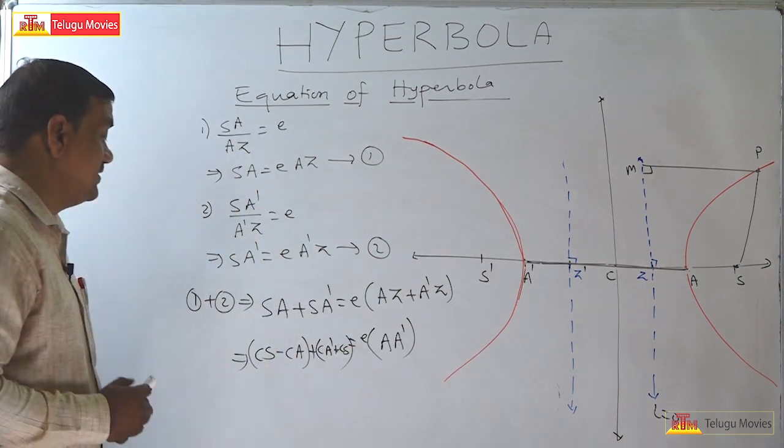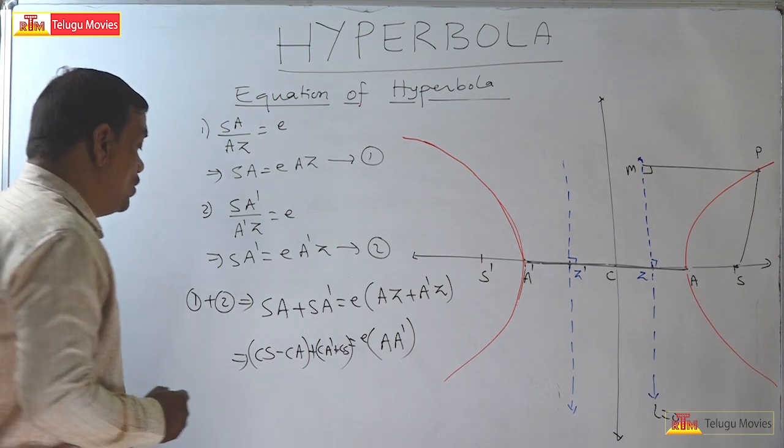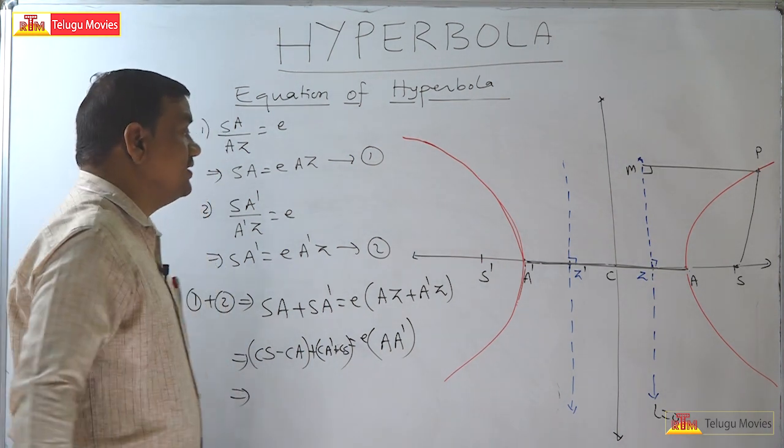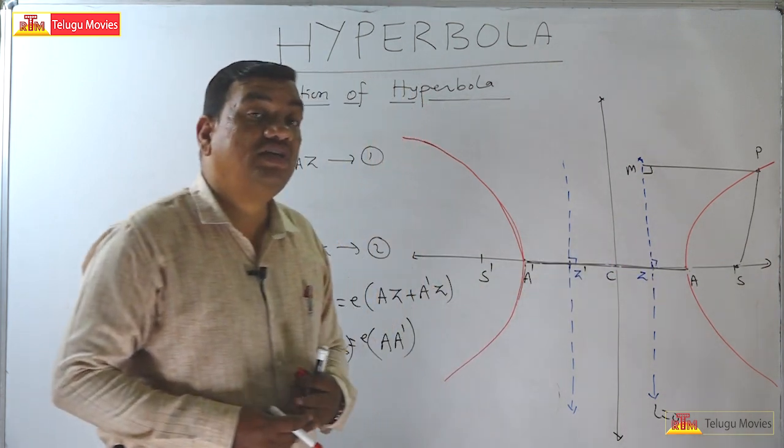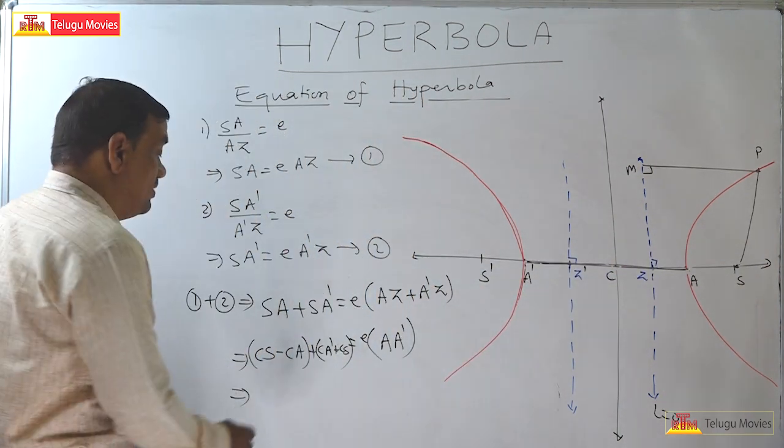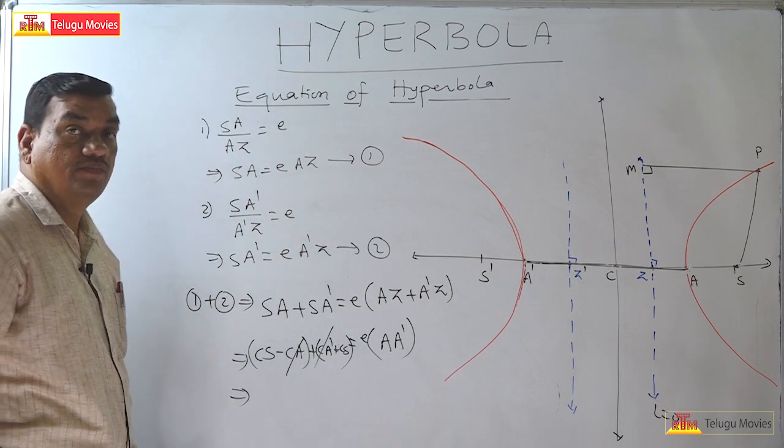We already know that CA and CA dash are of equal length but in opposite directions. That means these two you can cancel.